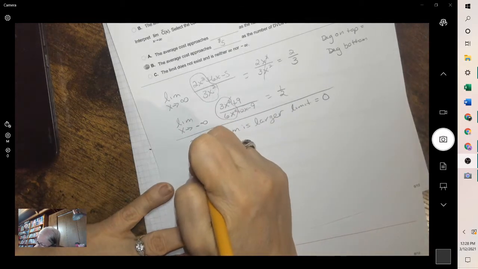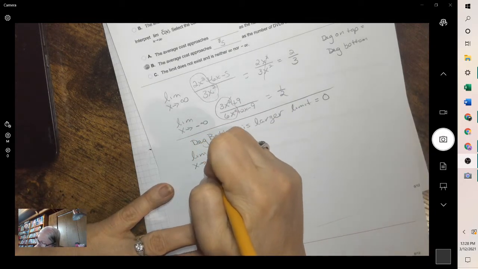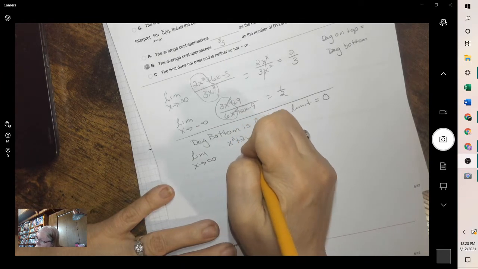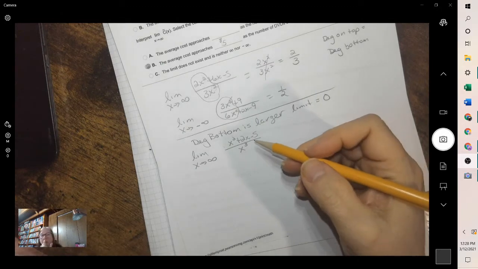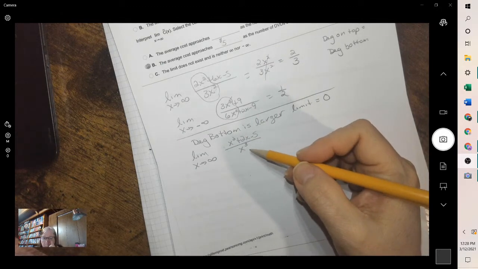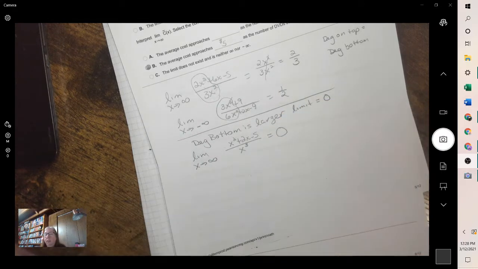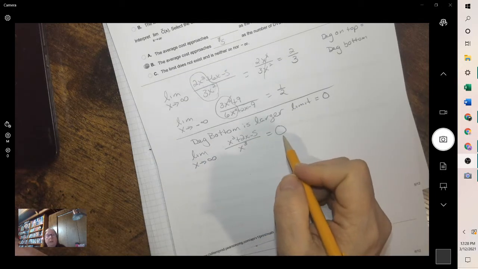So if we have the limit as x approaches positive or negative infinity of x squared plus 2x minus 5 over x cubed, the degree on the top is 2, the degree on the bottom is 3, bottom's larger, equals 0. Because a number divided by a really large number, so if you took 1 divided by 100, 1 divided by 1,000, 1 divided by a billion, the larger you get, the closer you get to 0. So the limit is 0.